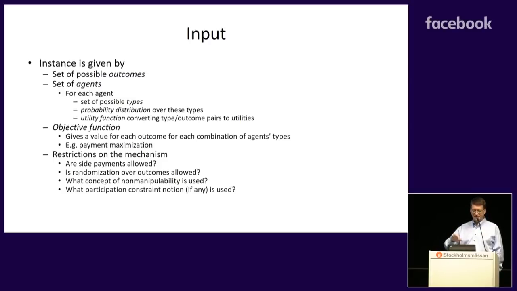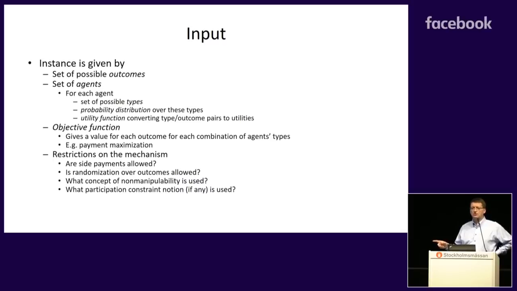Then there's a probability distribution over these types. In general, this can be a joint distribution also, but the hardness results that I'm going to present in 2 slides apply even if you have a separate probability distribution for each agent. And then there's a utility function that converts the outcome and the type to a real valued utility.